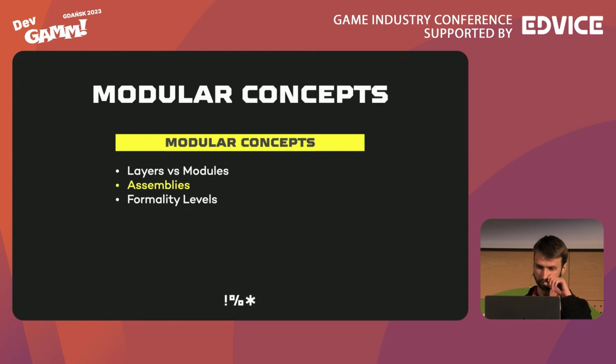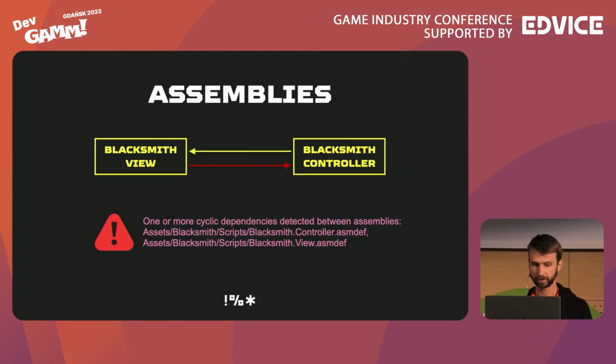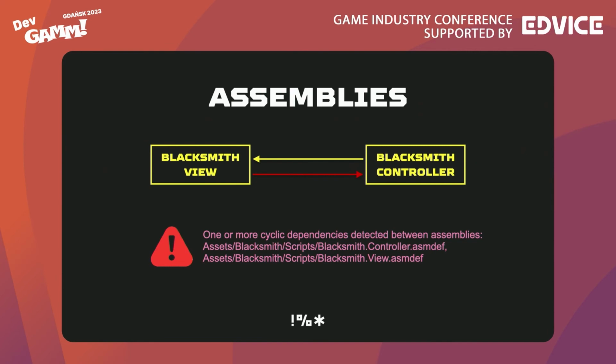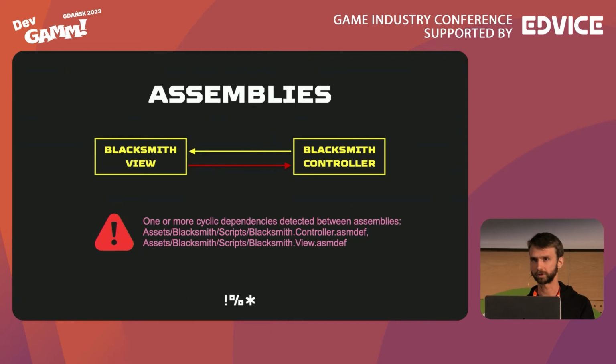A few words about assemblies. Assemblies are great in terms of preventing us from doing bad stuff. If we would like to introduce some cycle between two different assemblies or a few different assemblies, it doesn't have to be one-on-one, it can be a loop between different modules, we will get a compilation error.